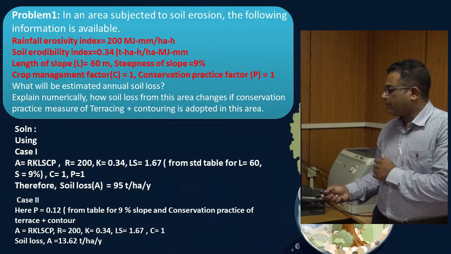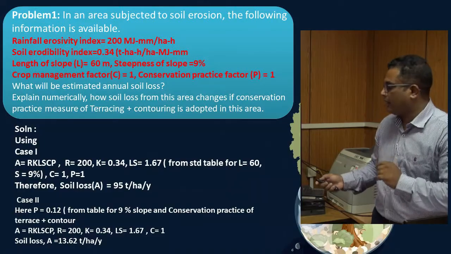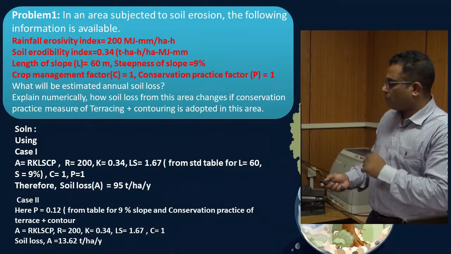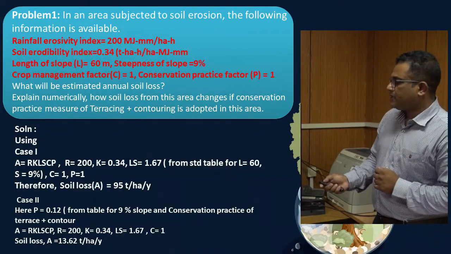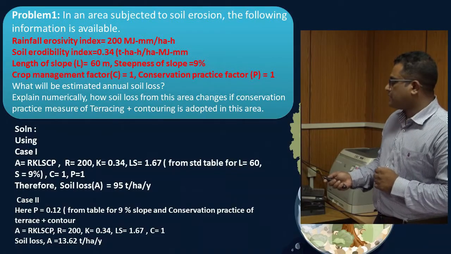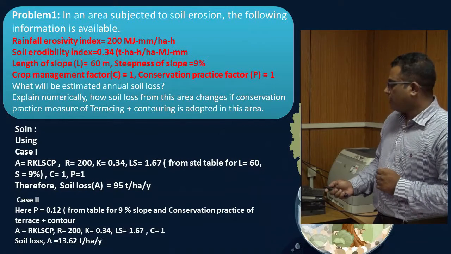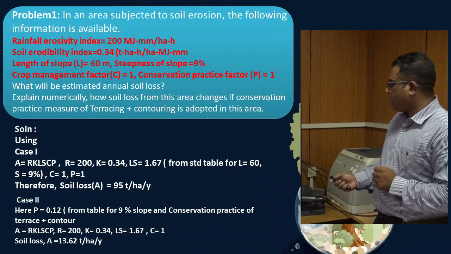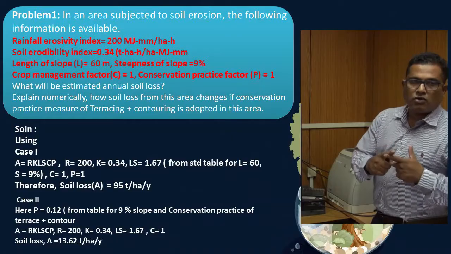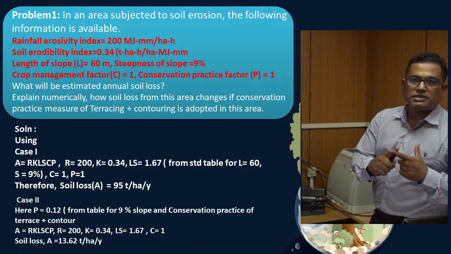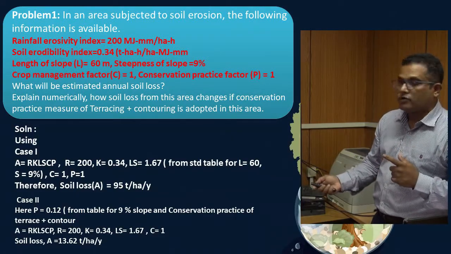Length of the slope, that is L, for that particular land in this problem is 60 meter. Steepness of the slope is 9%. Crop management factor C is 1. Conservation practice factor P is 1. That means there is no crop management practice properly followed, that's why the value is 1.